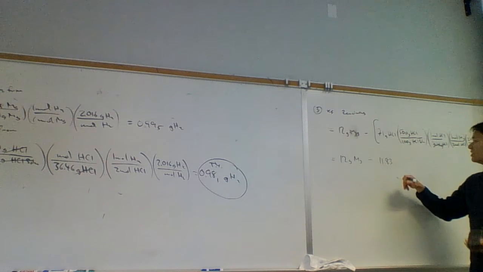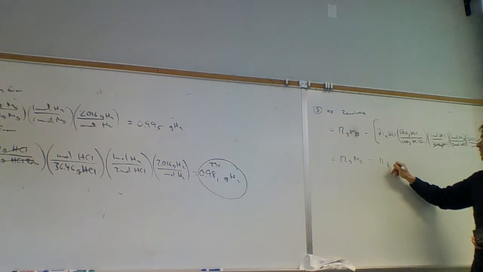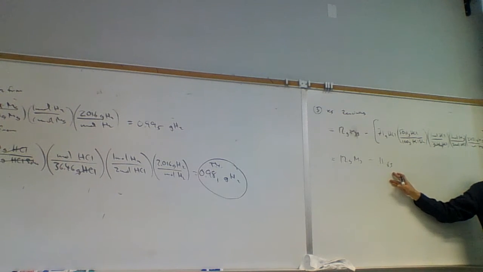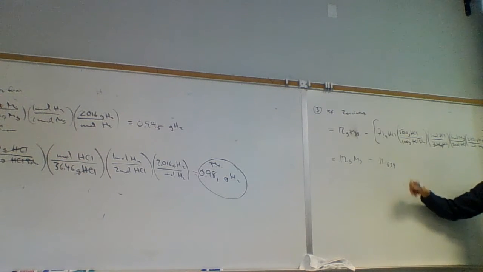I'm going to carry extra digits that I'm not allowed, because if I had to round at this step, it would round to 12 and I'd have 0. That's not useful for us.